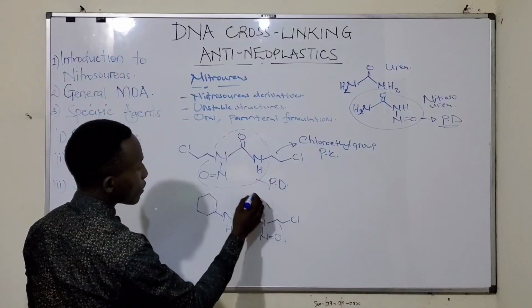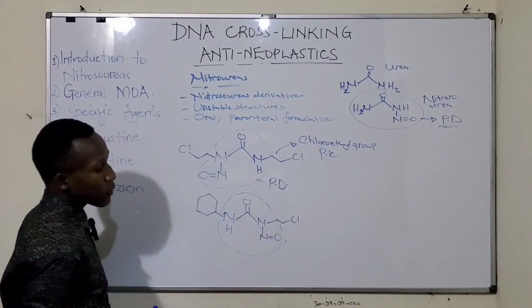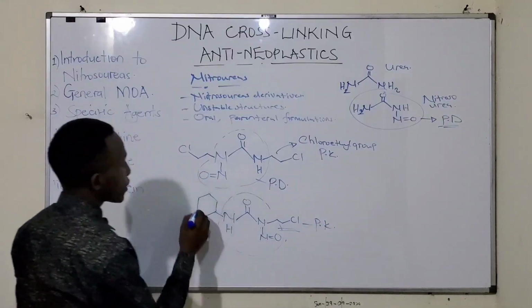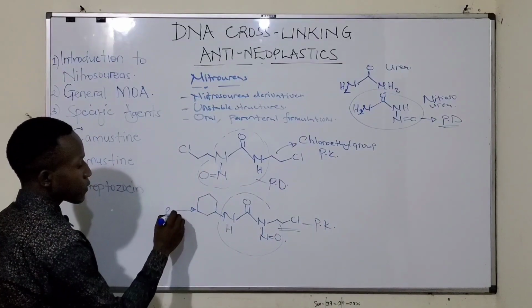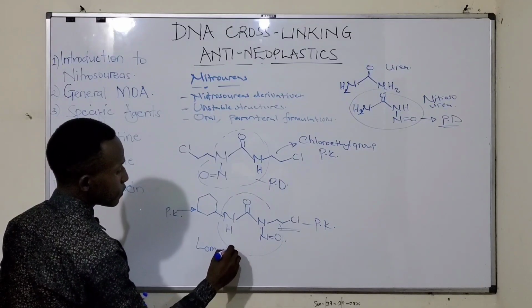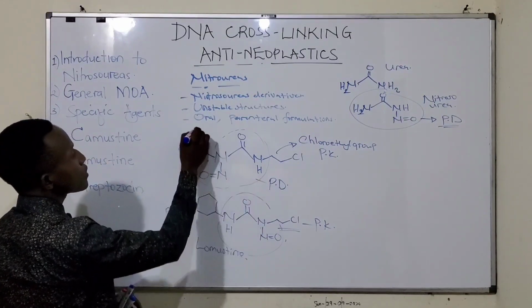So we see the pharmacophore and the substituents here, which determine the pharmacokinetics. This is lomustine. We say this is carmustine.